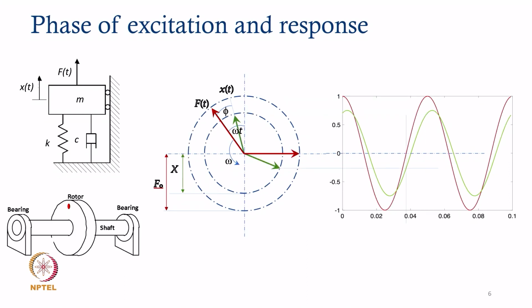So, I will give you another example. Maybe after 3/4 of a rotation, the force vector comes back to this particular horizontal position, which means that the value of this force is 0 here, and at the same instant of time the response lags behind the force vector by an angle of phi.